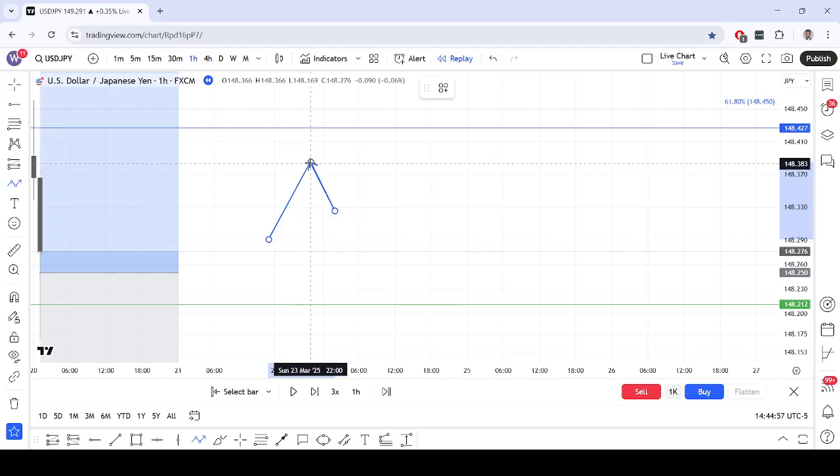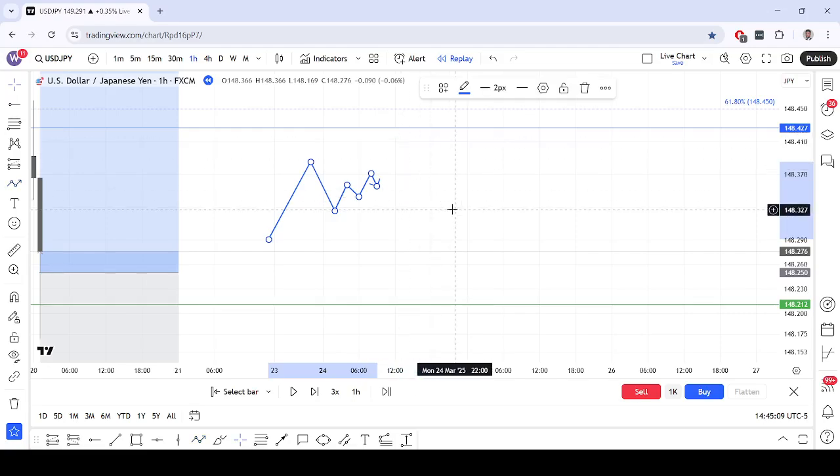Yes, I expect it to go all the way back to here, but because of how far that is, I sometimes actually expect it to do micro moves in between that level before shooting up. That's normal. That's not a bad thing actually.